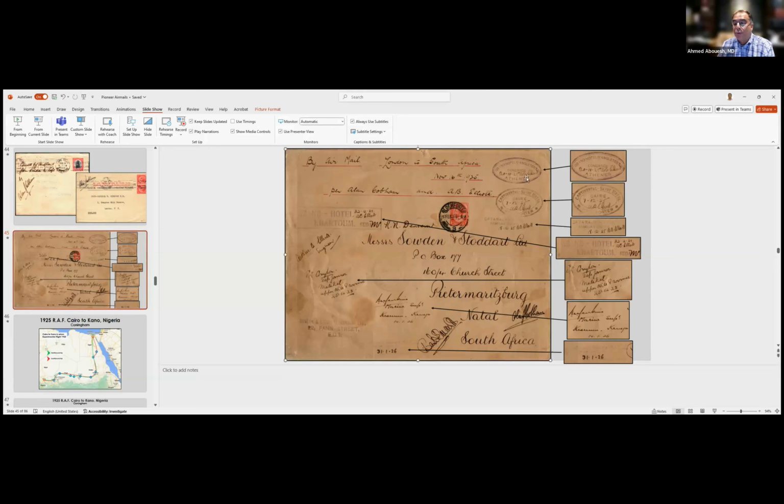But the first up here was Hotel Angleterre in Athens, the Continental Savoy in Cairo, the Cataract Hotel in Aswan, the Grand Hotel in Khartoum on the 22nd of December. This, I believe, was in Malakal in Sudan, the governor's signature. Kisumu, Kenya, and this was in Bulawayo in Rhodesia.